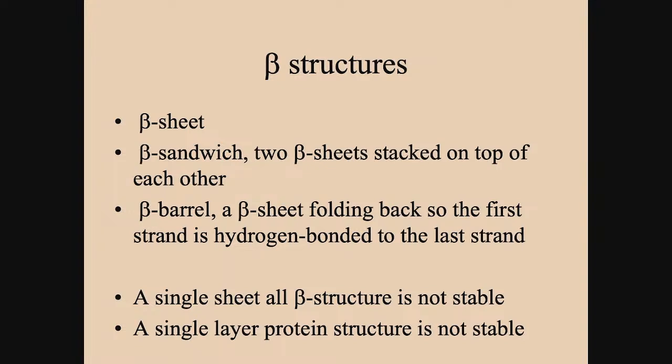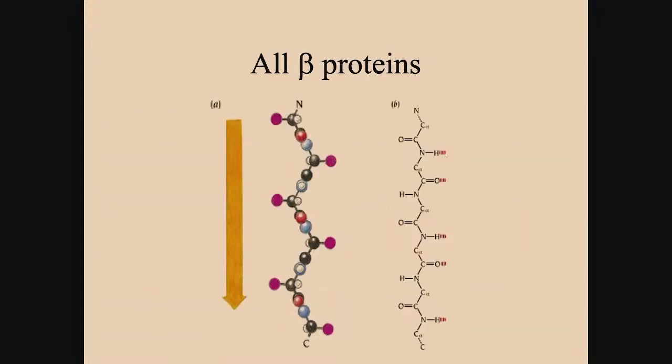A single beta strand by its own doesn't make any hydrogen bonds, right? So here, hydrogen bond donor, acceptor, and donor, acceptor, and over here, same thing, donor, acceptor. So these can all make hydrogen bonds on the main chain, but a single beta strand does not make any of them. So it's not going to be a happy situation. So we're not going to talk about single beta strand.